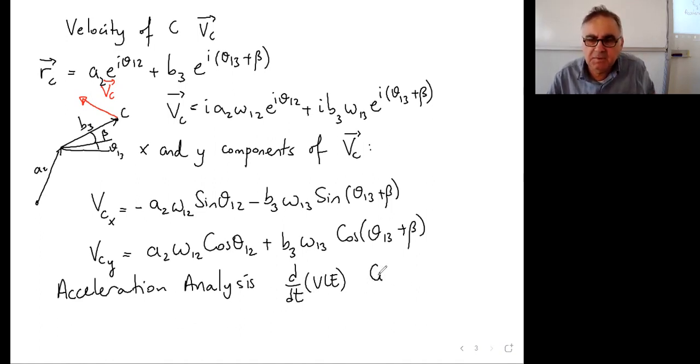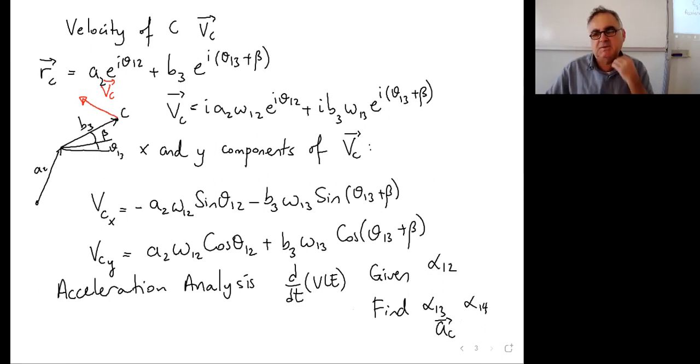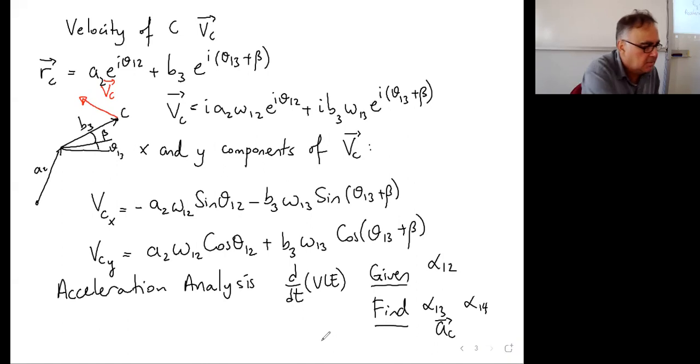Our given here is alpha 1, 2. We need to find, let's say, alpha 1, 3, alpha 1, 4, and possibly acceleration of point C.